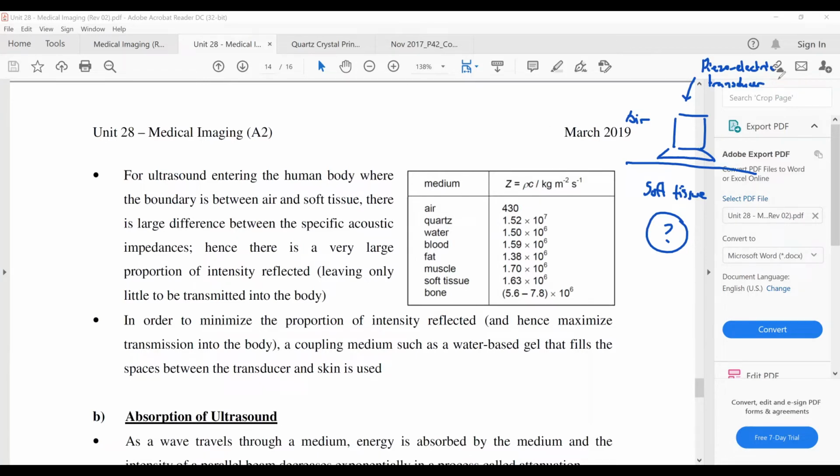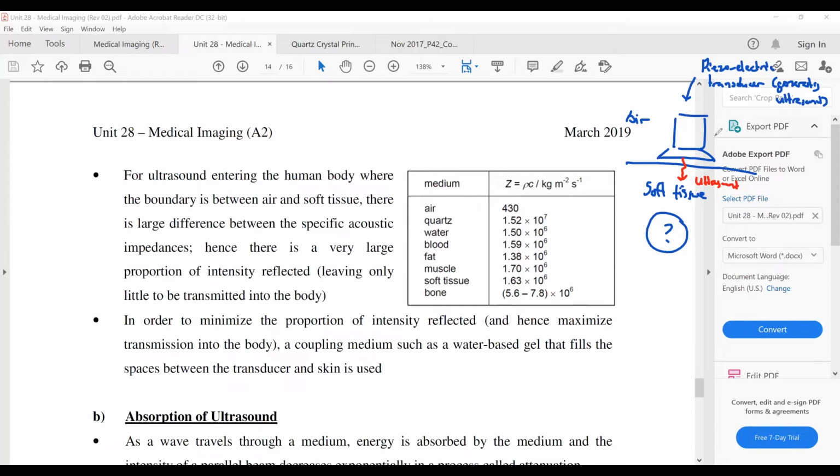So now you have ultrasound coming out of your piezoelectric transducer. You want to scan what is inside your body.